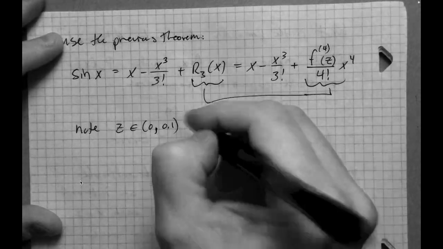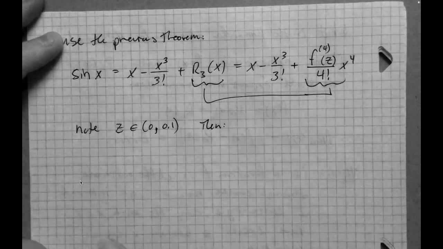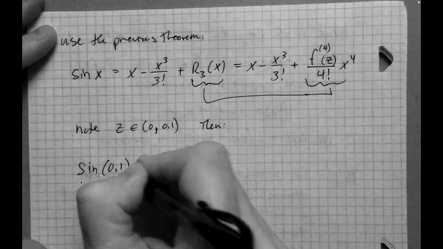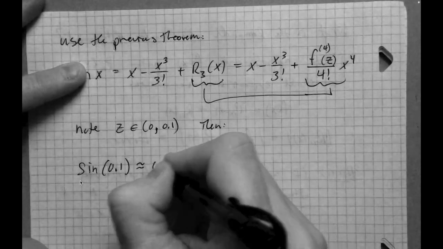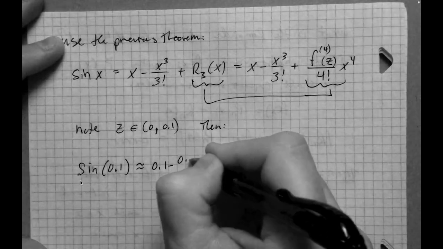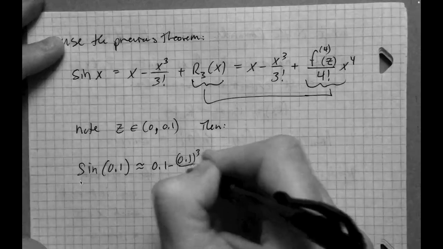Okay, so then we can look this up. We can see the sine of 0.1 is approximately 0.1 minus 0.1 cubed over 3 factorial, right?